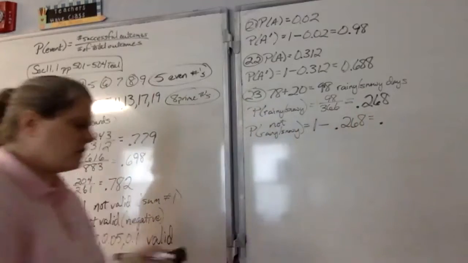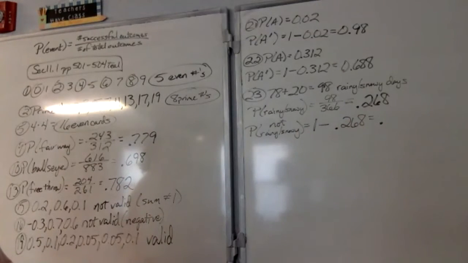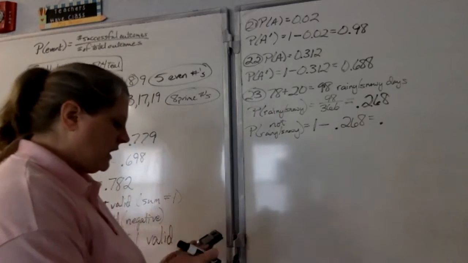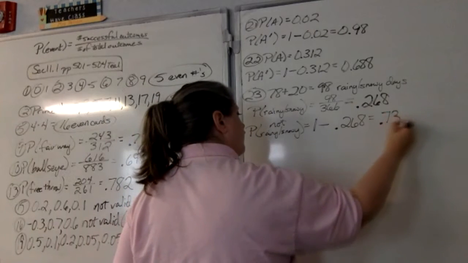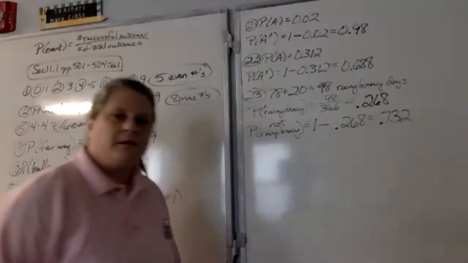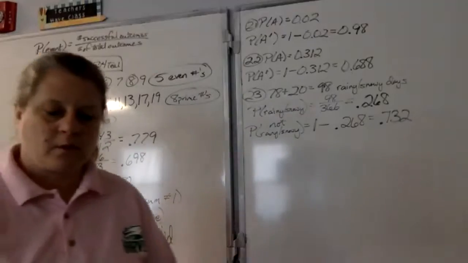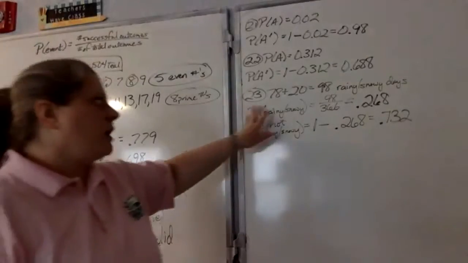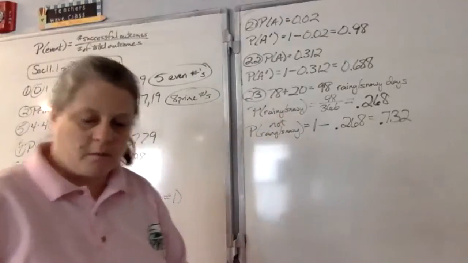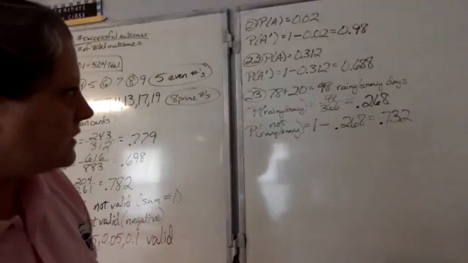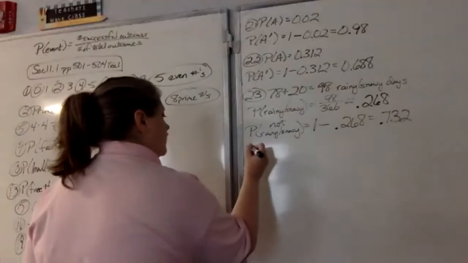So what's that probability? 0.732. Okay, so that's our complement. So we had to find the probability of the actual event first and then subtract it from 1 on these. Okay, so we're going to do the same thing on number 24.